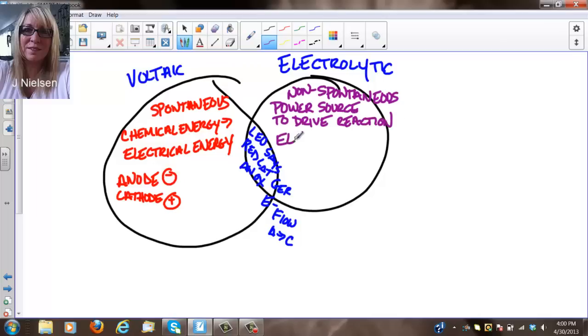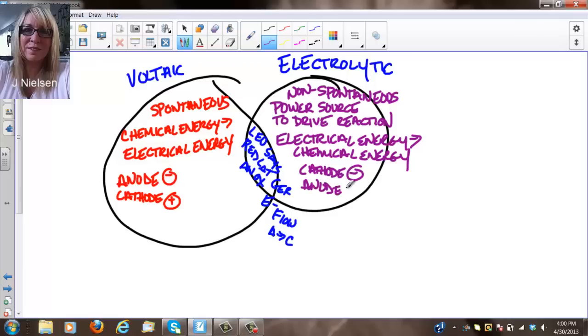Therefore, it's going from electrical energy to chemical energy. The cathode is negative, the anode is positive, and we need to know about the two types, electrolysis and electroplating.